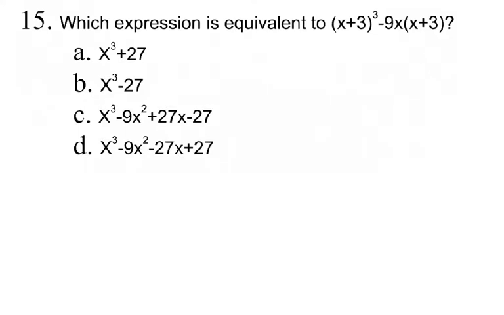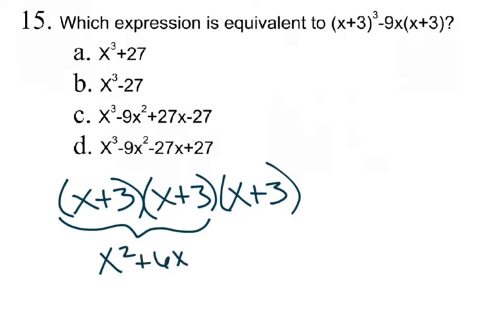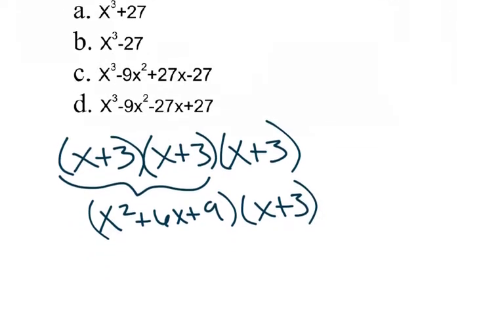Okay, this one's nice, talking about which expression is equivalent. Remember, if x plus 3 is cubed, that means I write x plus 3 3 times, and then I'm going to distribute. I can only do 2 at a time. Alright, I'm going to distribute all of that to the second parenthesis.